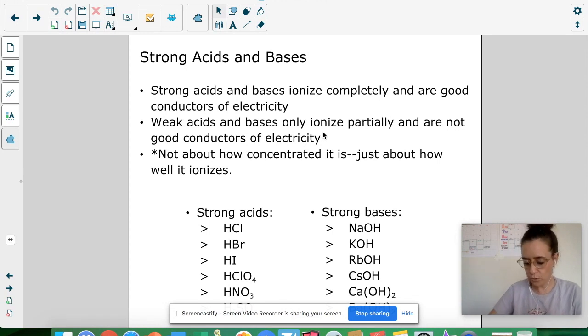So strong acids are acids that ionize completely, that break into their ions completely. And strong bases are bases that ionize completely. So it means that they are breaking absolutely into positive and negative ions. So the key to being strong is that when they are dissolved in water, they completely ionize, they completely break into the corresponding ions.